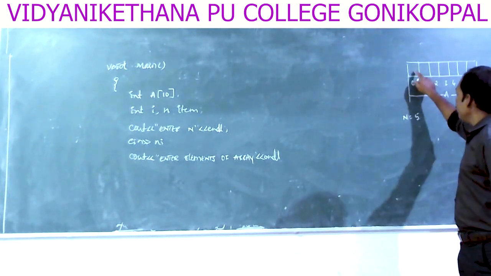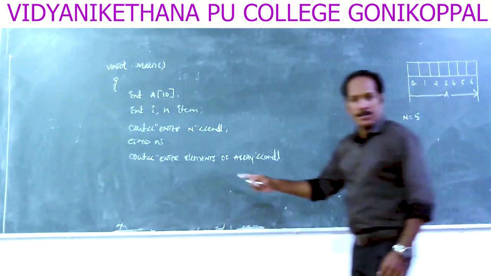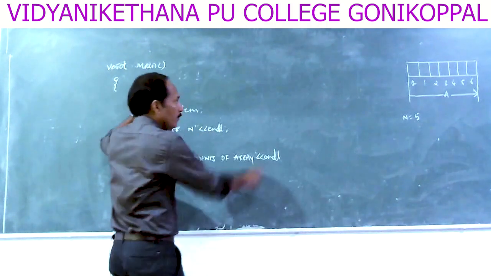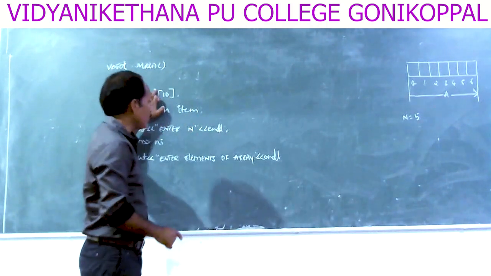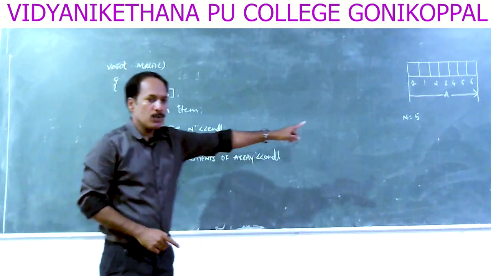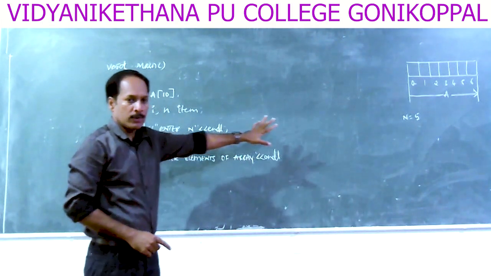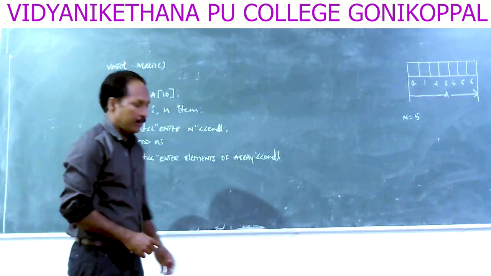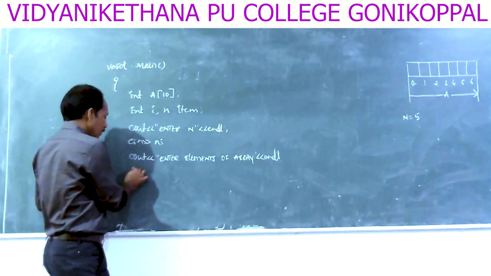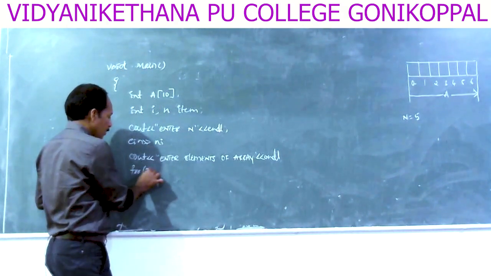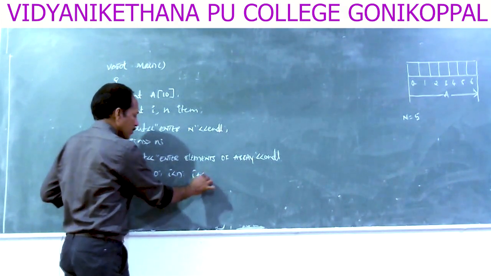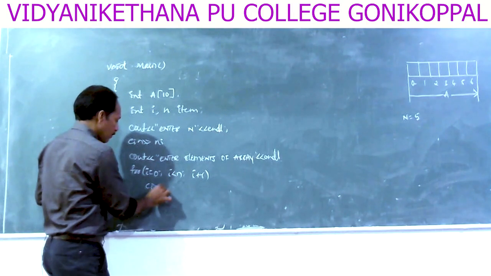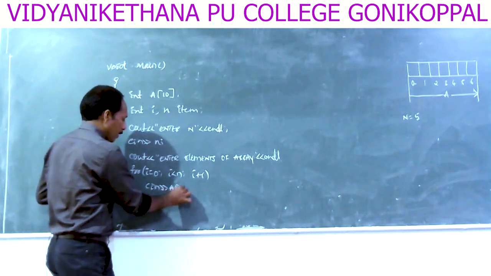Whenever we repeat, we use cin. That's what I'm trying to write here. This declaration will be like this: an array A with blank consecutive memory locations. I input n, so n is equal to 5. That's also a named memory location, and right now it contains 5. Next, we input: for i equals 0, i less than n, i plus plus, cin A of i.